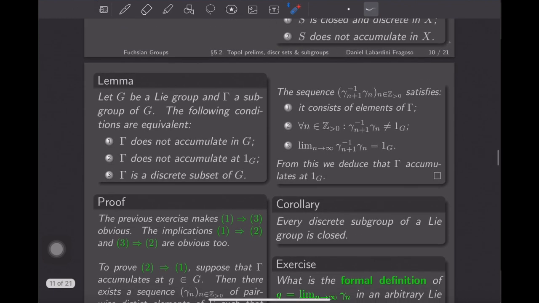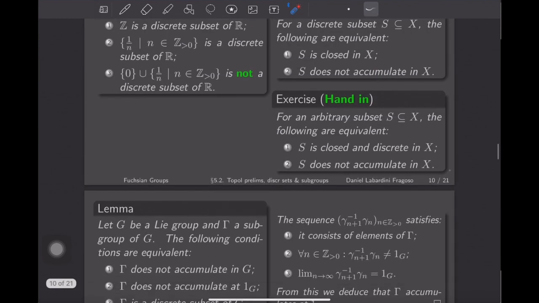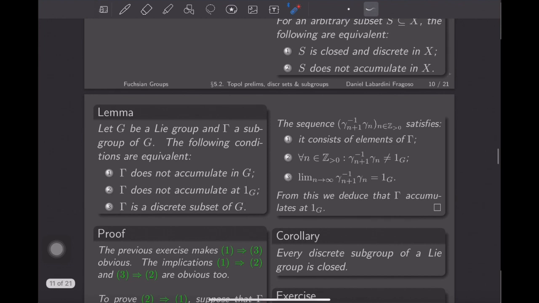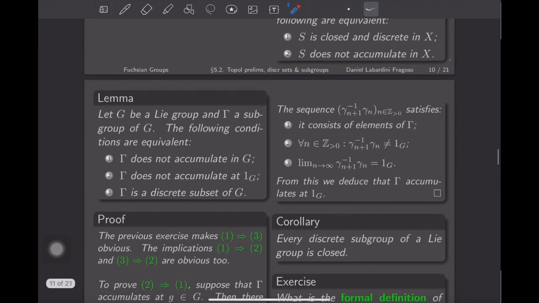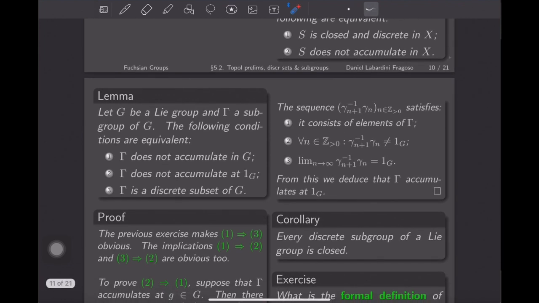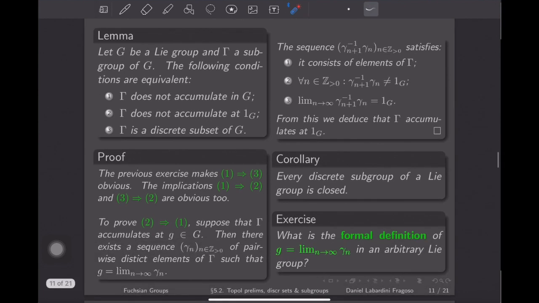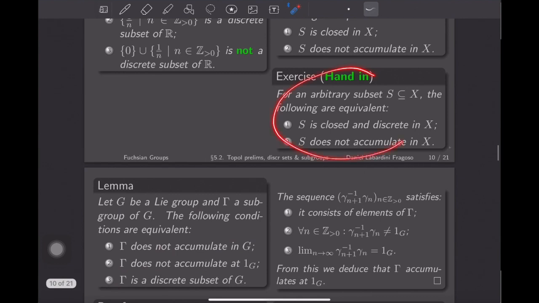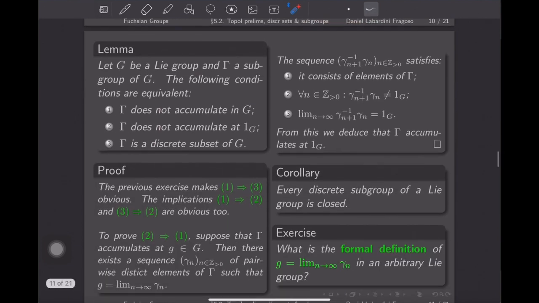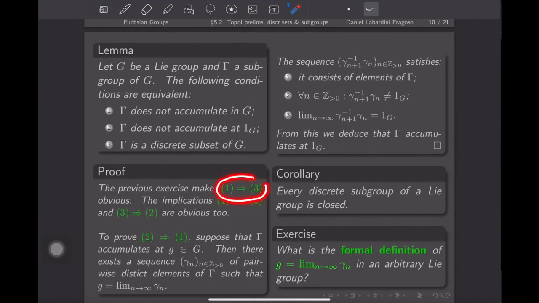Okay, so now for the proof. If a subset doesn't accumulate anywhere, then one can say that it's closed and discrete. Then this one, 1, of course implies 2, but it implies 3 by the handing exercise. So I have 1 implies 3.